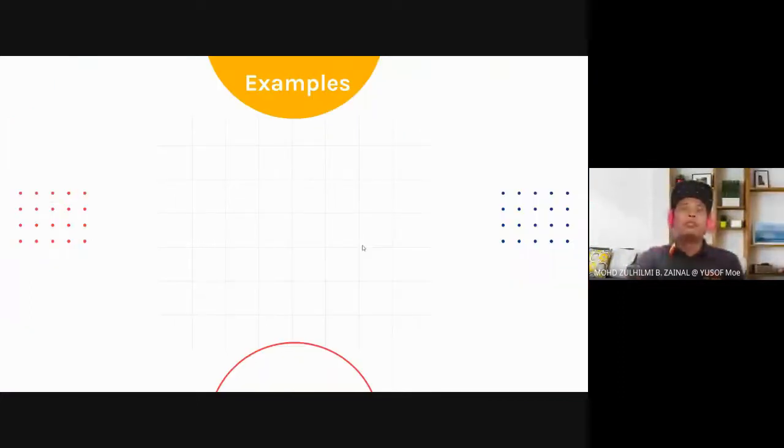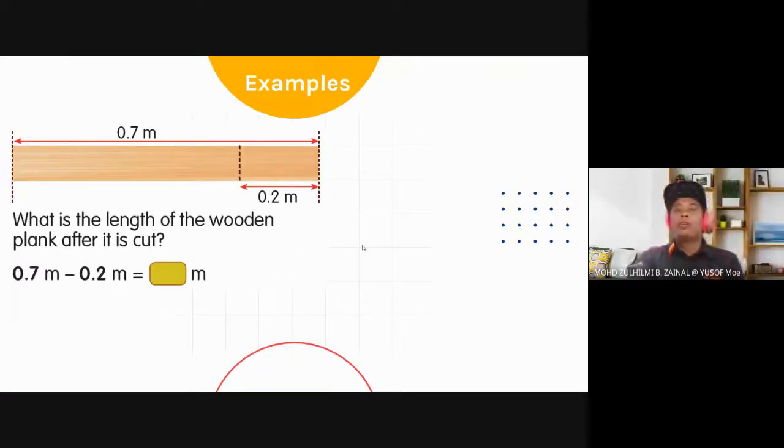Okay, so you just refer to the diagram. Okay, and look at the question. What is the length of the wooden plank after it is cut? Okay, so macam ada kayu and then it cut into two parts. So from the 0.7 meter, the original length of the plank, it is cut 0.2 from it.